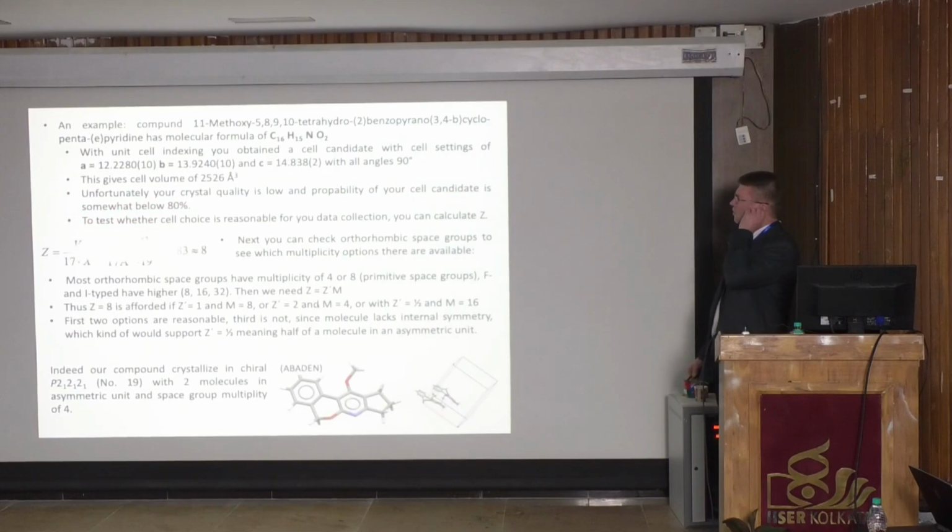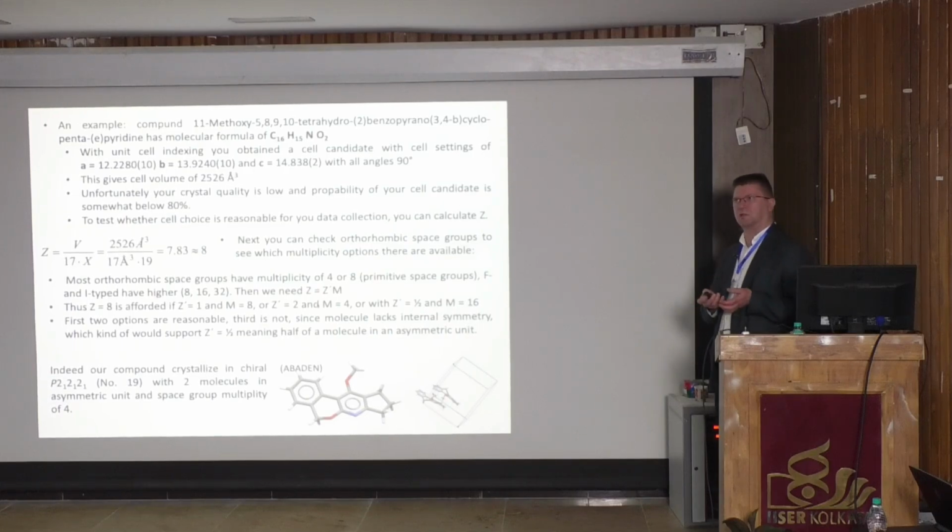But what happens in real life? I have a couple of examples. Here, an organic molecule with a rather nice name, I will not read it, but it has a molecular formula of C16H15NO2.